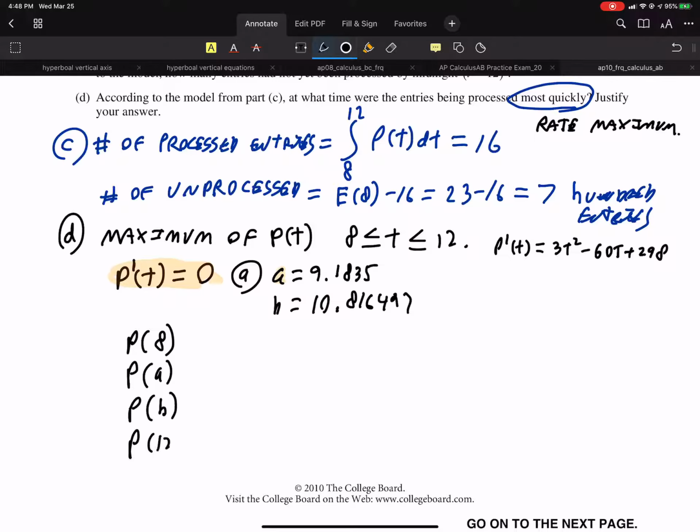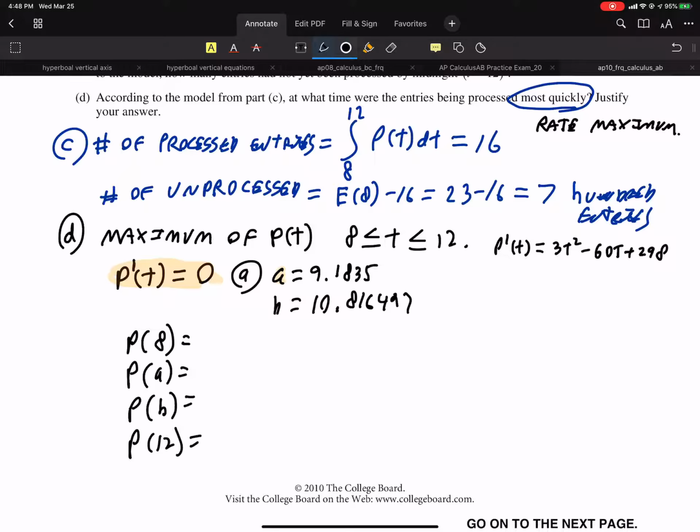Now you could argue that point B is a relative minimum, so it can't be a maximum, but it's so easy to find these values.